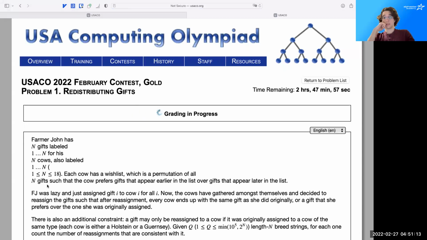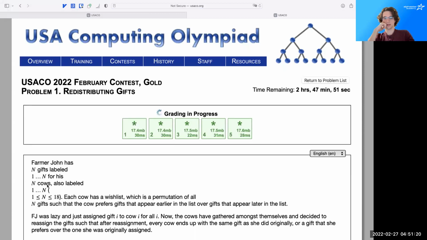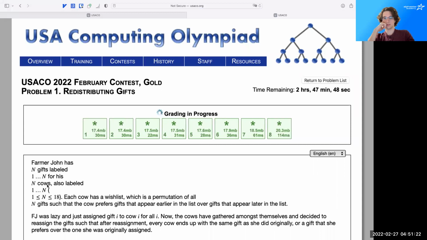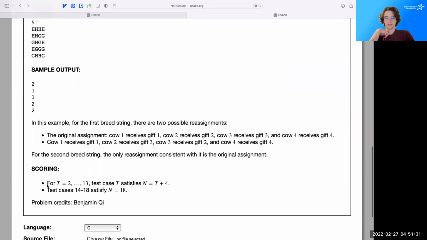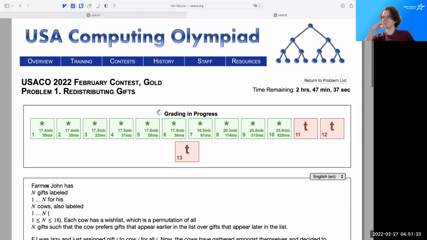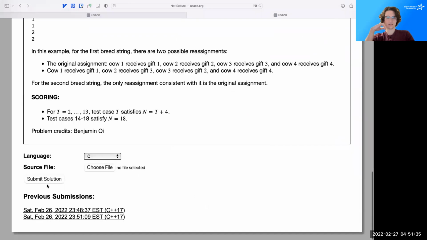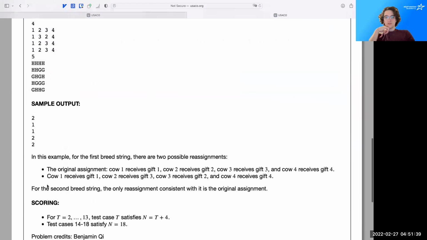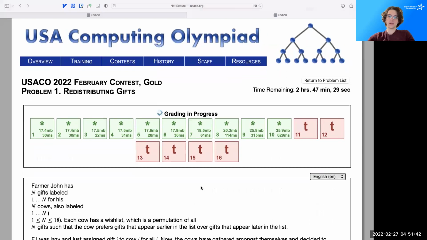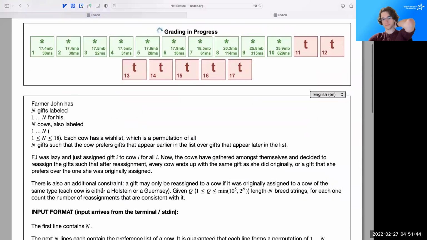Okay, so maybe we're gonna have to think about this a bit more. We still have a lot of time to think about it though. It's not too big a deal. Should TLE pretty easily. Yeah, there we go. There's up to 18 test cases, so we're failing all the large ones. Or sorry, there's up to 8, so we're failing most of the large ones. I guess these last 3, 11, 12, and 13 aren't even maximum.